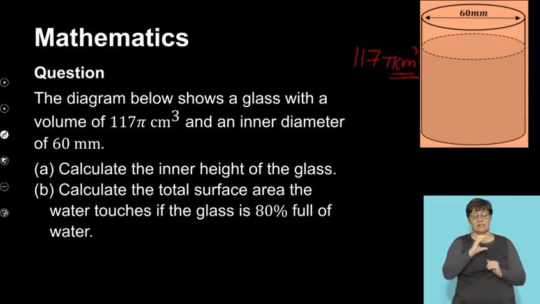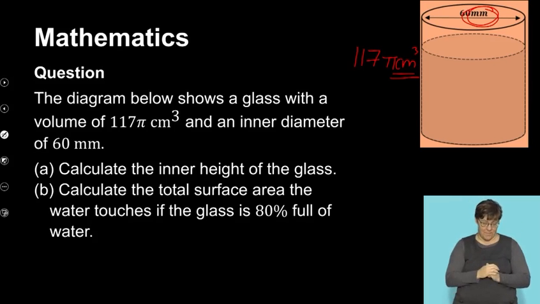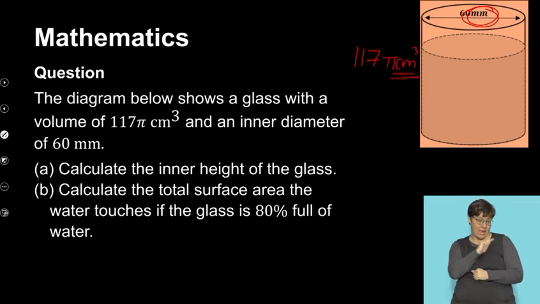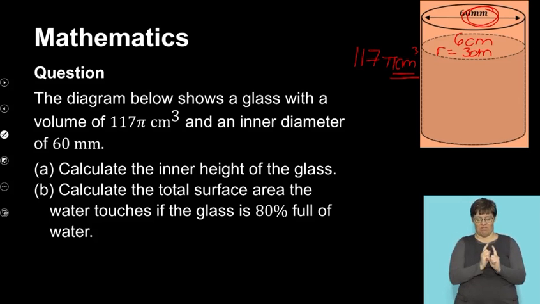We've got centimeters cubed, but my diameter has been given in millimeters. So because it's been given in millimeters, I'm going to change it to centimeters because my volume answer was expressed in terms of centimeters. So 60 millimeters is the same thing as 6 centimeters, and if that is my diameter, I know that my radius would have to be 3 centimeters because my radius is half of my diameter.